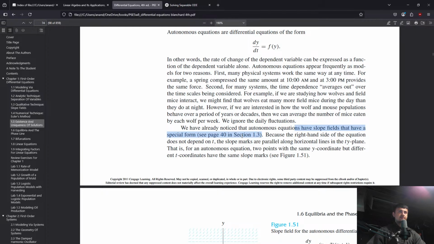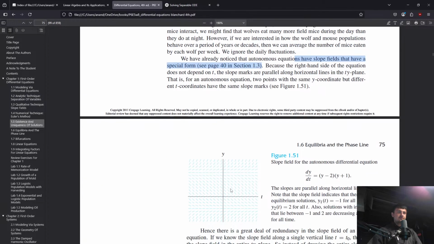So what this is talking about is that, they don't have another picture of it, but here we can see this is autonomous. The slope lines along autonomous differential equations don't change with respect to t. So that means that the slopes along a horizontal line are all identical.